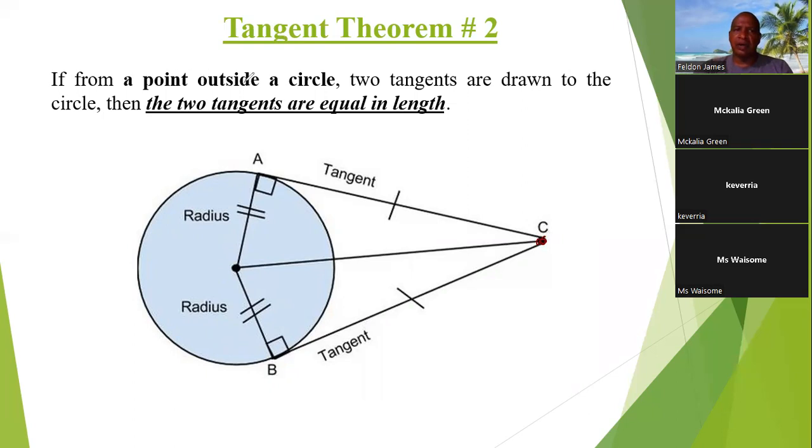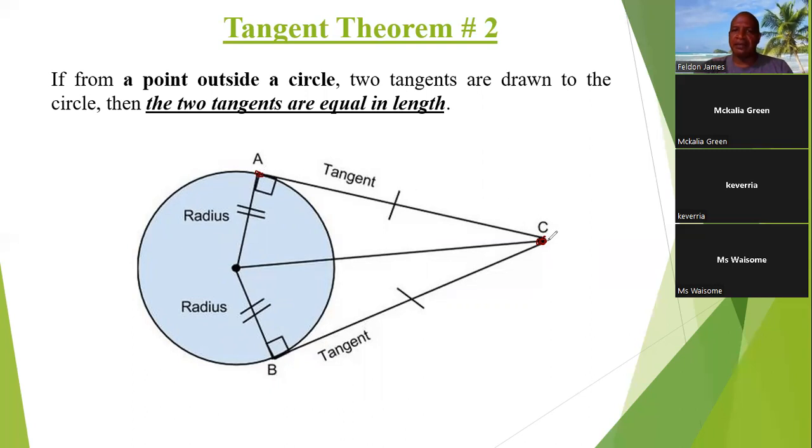If from a point outside a circle, two tangents are drawn, that means you're going to draw from this point a line which is tangent to the circle at A, because it must touch the circle at a point for it to be tangent.